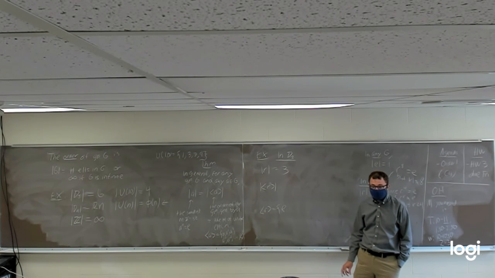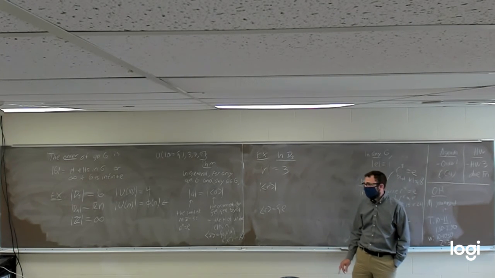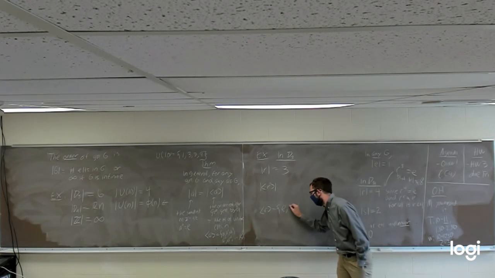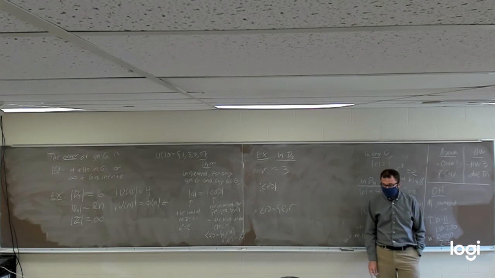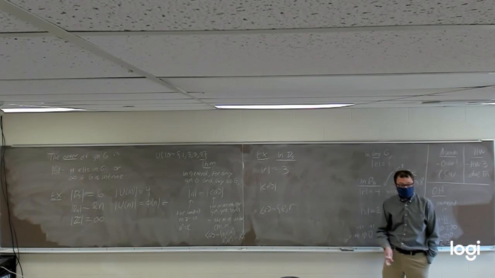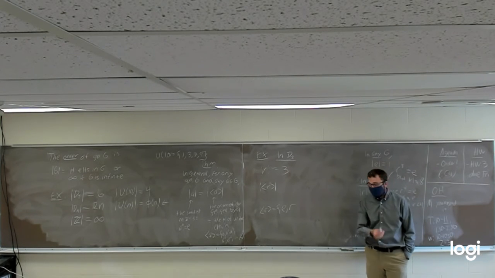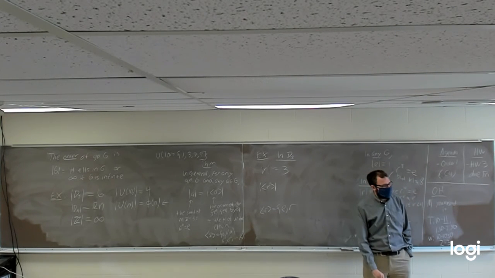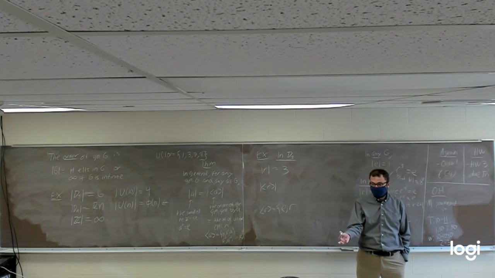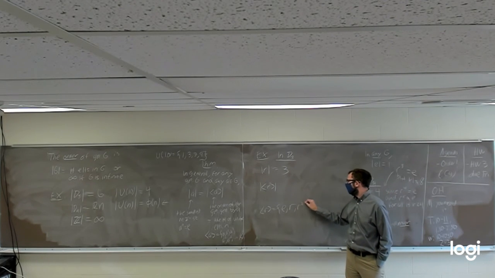Any ideas for which other element could be in the group generated by R? R. Any others? Inverse of R. R inverse. What is R inverse? R squared. R squared.